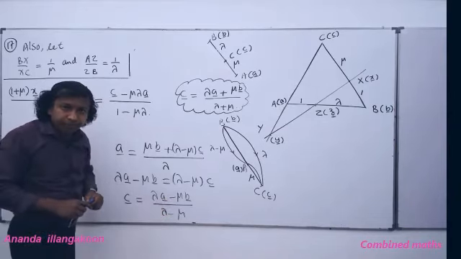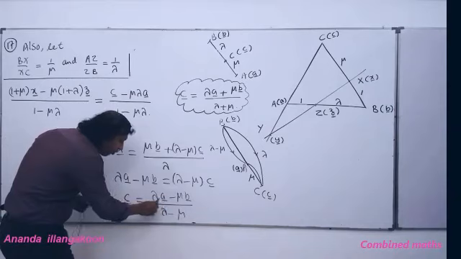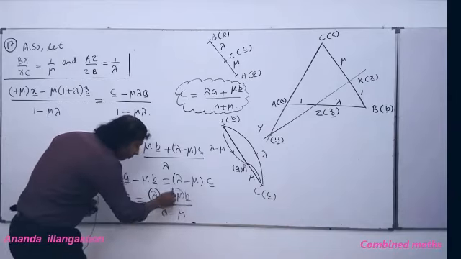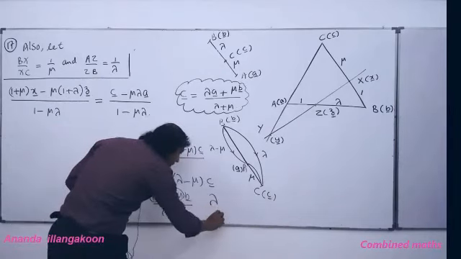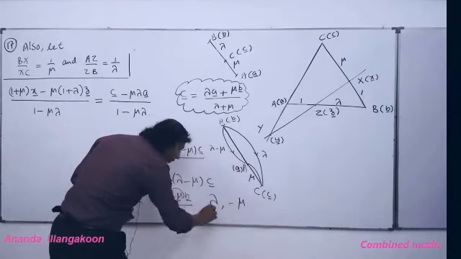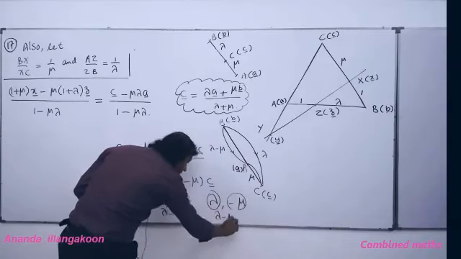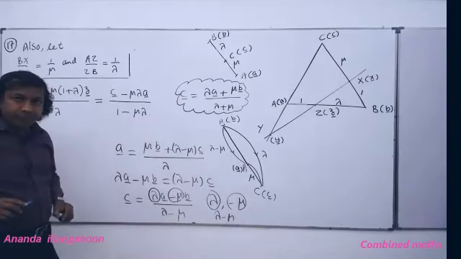Now here coefficient of A is lambda, coefficient of B is minus mu. One coefficient is lambda, other one is minus mu. The algebraic sum of this and this, what is that? Lambda plus minus mu means lambda minus mu, no? That is available here. Okay, right.